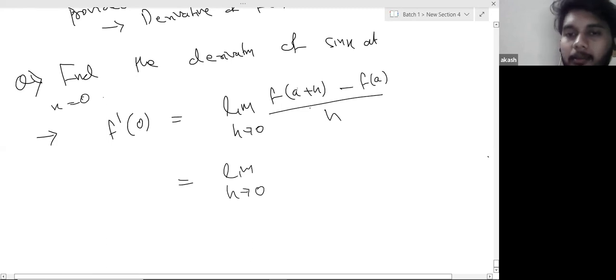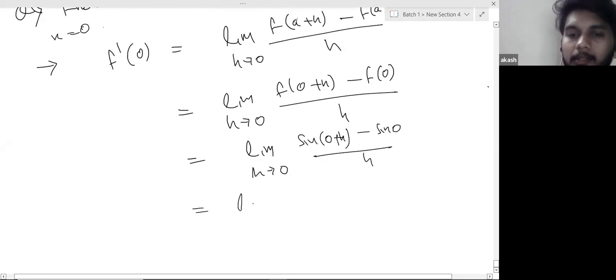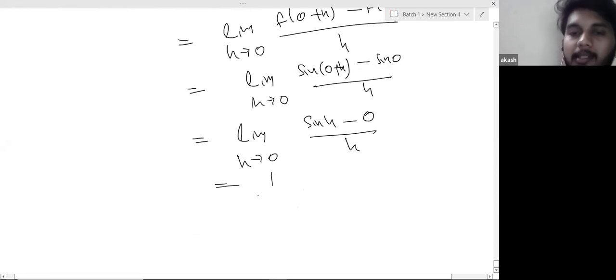The value of a here is 0, so we can write f of 0 plus h minus f of 0 upon h. Just put the values. Sine of 0 plus h minus sine 0 upon h. Sine 0 plus h is sine h, and sine 0 is 0, so sine h upon h, limit h tending to 0, is 1. So this is the answer for f dash 0.